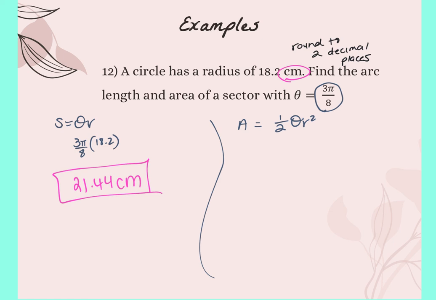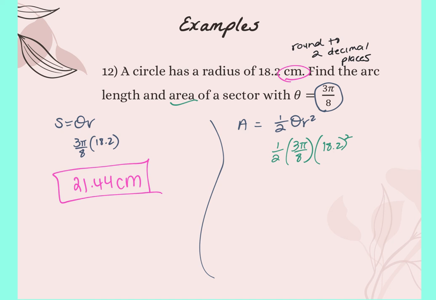So the second one says find the area of the sector. That's where the 1/2 comes in. 1/2 theta, which is 3 pi over 8, times r squared, so 18.2 squared. And again, this is multiplication, so you can do that in any order. Just be careful. Make sure that 18.2 is the only thing being squared.